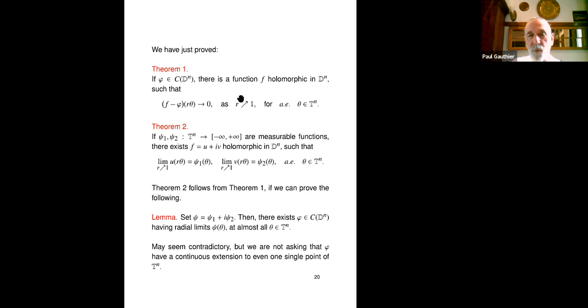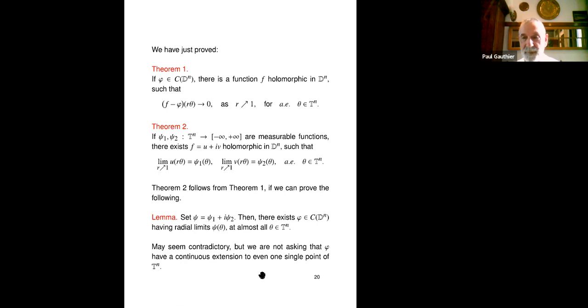It follows from theorem 1 that says you can approximate a continuous function, provided you have this lemma that given the boundary data, there exists a continuous function having these radial limits at almost every point. This may seem contradictory, but we are not asking that the continuous function have a continuous extension to even one single point of the torus.